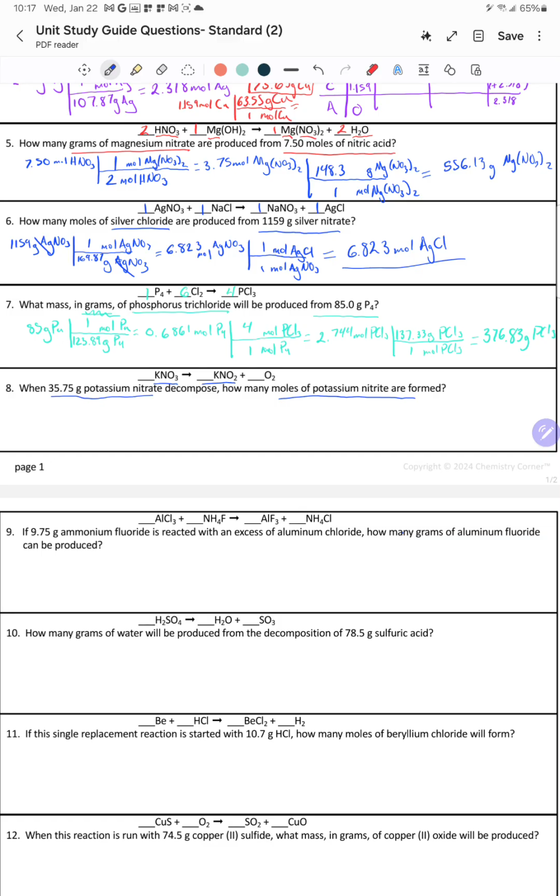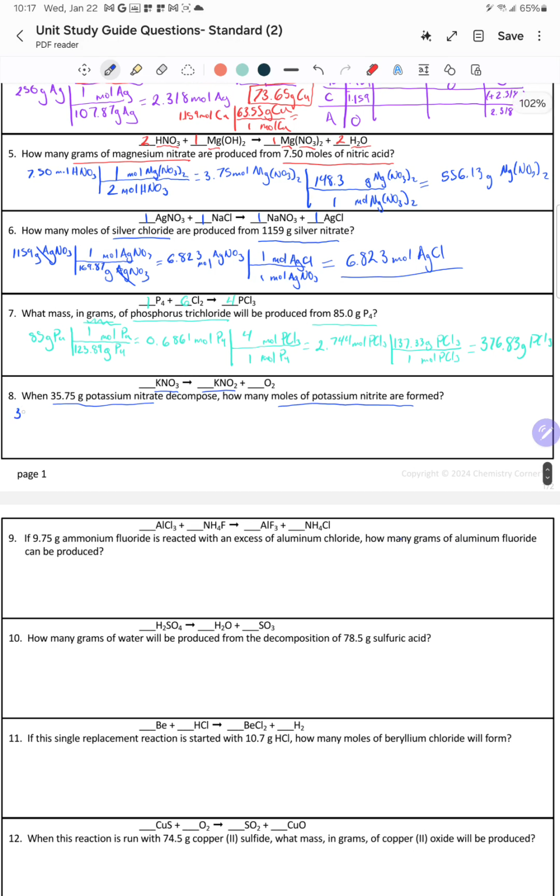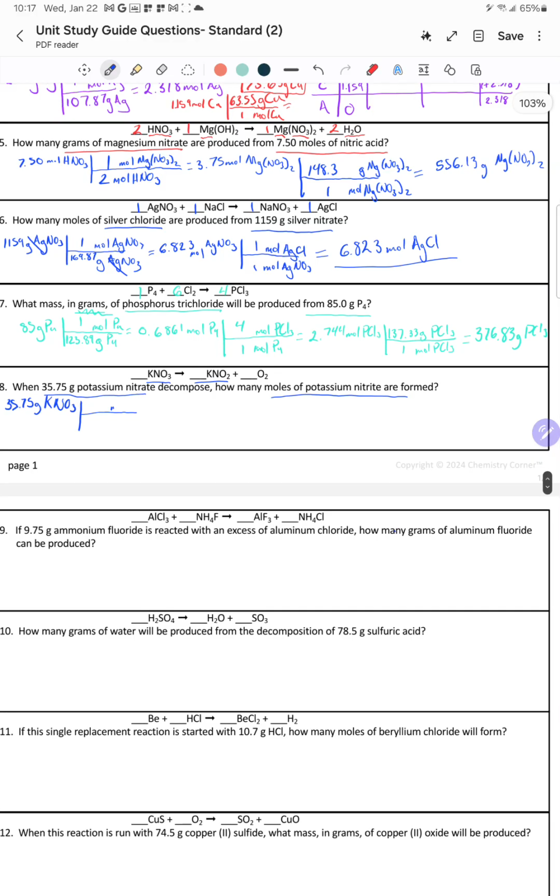So we're starting with grams. We need to instantly know we've got to convert grams to moles in order to turn one substance into another type of substance. So I'm going to have 35.75 grams of potassium nitrate, and I need to convert it into moles of potassium nitrate from grams of potassium nitrate.